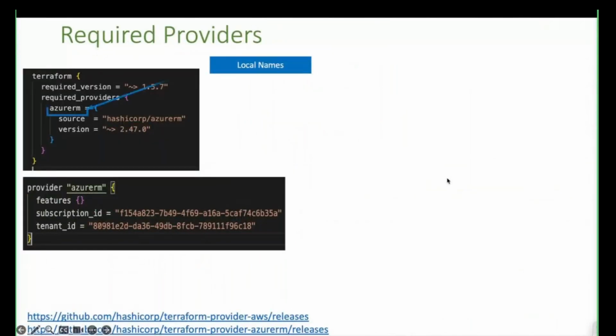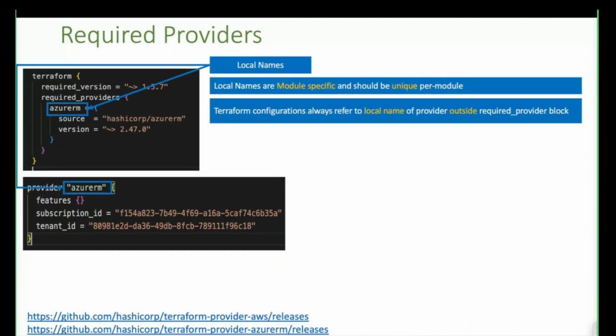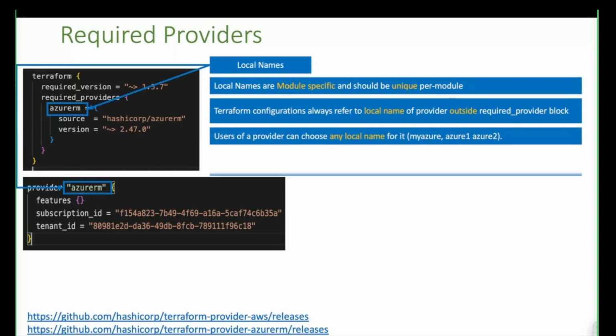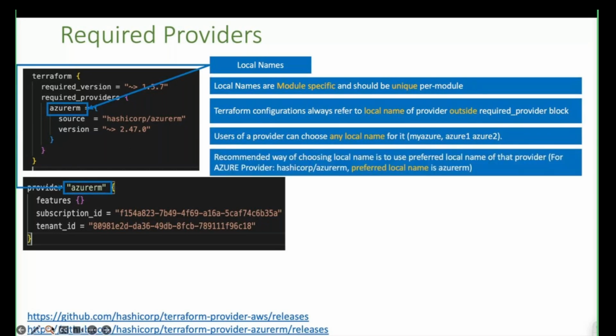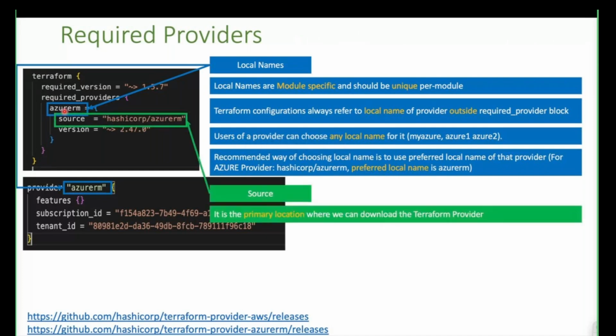Now let's see this. If you have any confusion, you can always interrupt me. See here, this Terraform block, you know what a Terraform block is, and required version, you know it. Required providers. Just see this specific thing: source equal to hashicorp/azurerm.